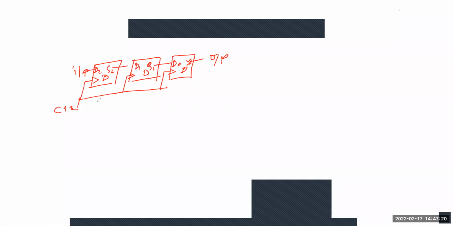Now for our example, let us see the working of the 3-bit SISO shift register. We are sending the binary information 0, 1, 1, from LSB to MSB.